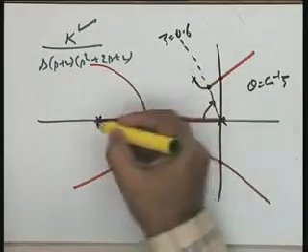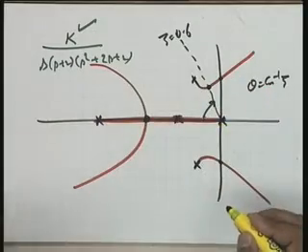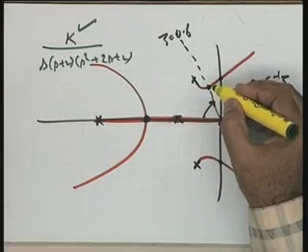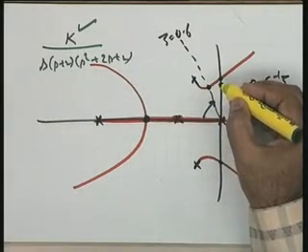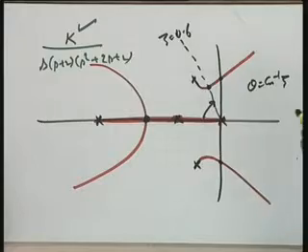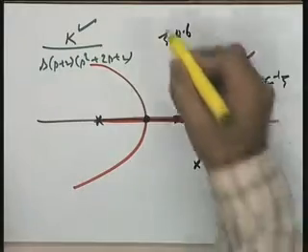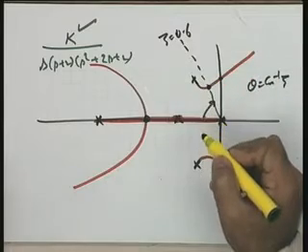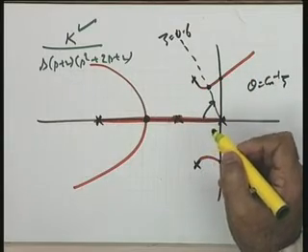If the total angle contribution at this point due to all these poles is an odd multiple of 180 degrees, then this point fortunately is a point on the root locus. If it does not, then your rough sketch does not pass through this point, and you have to make an adjustment in your rough sketch, so that this point or a point close by is a point on the root locus. Where do you try?